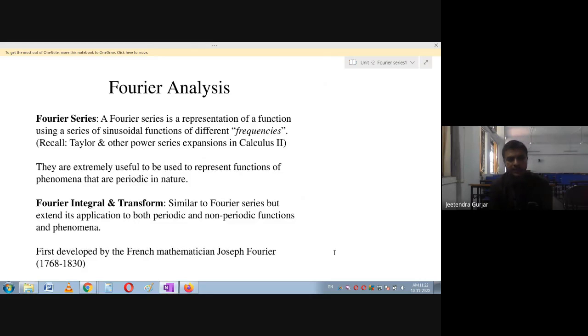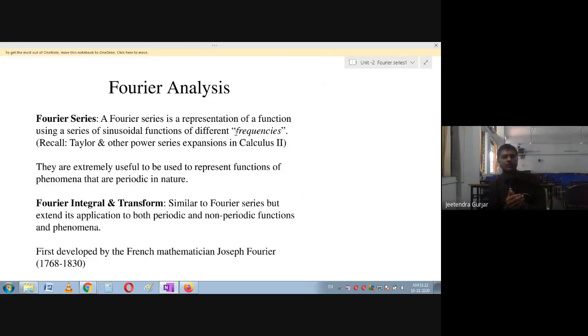A Fourier series is a representation of functions using a series of sinusoidal functions of different frequencies. It means there are various frequencies, long frequency, short frequency. Yes, you can send files, you can use Bluetooth, and now it has been modified so you can see Share is there. Many are going to share things. How you will have the frequencies depends on these functions, which type of function they are, sinusoidal functions, which we are going to see in the Fourier series.